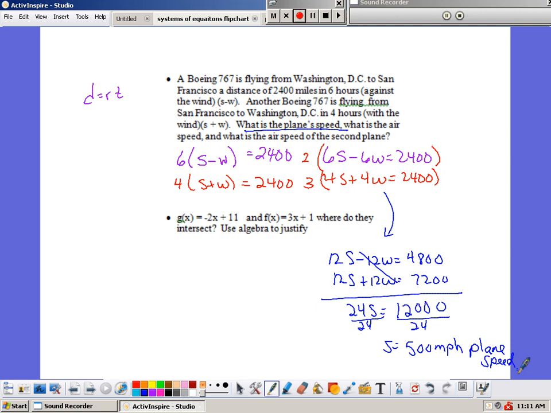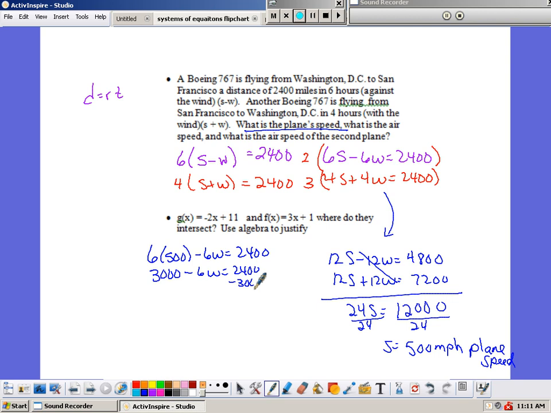Now, I need to find out what the airspeed is and what the airspeed of the second plane is. So I need to put the 500 back in. So 6 times 500 minus 6w equals 2,400. 3,000 minus 6w equals 2,400.